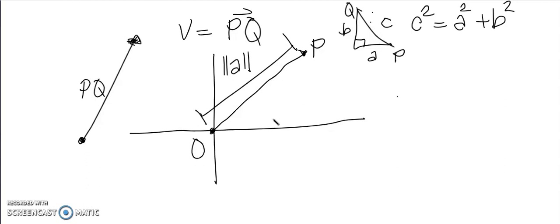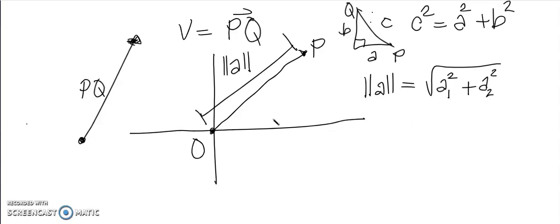So when we solve for the magnitude of a vector, the magnitude of A is equal to the square root of A1 squared plus A2 squared.